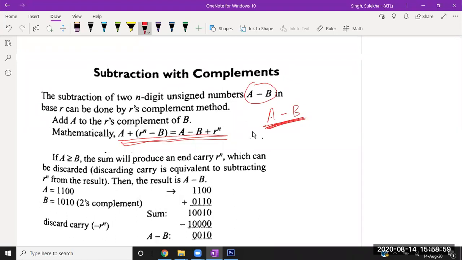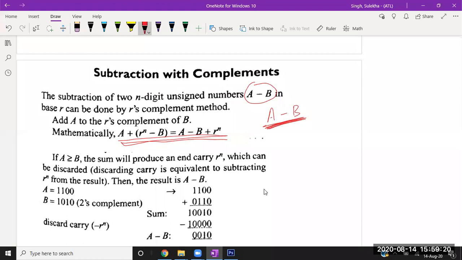There are many ways of subtracting one number from another. I am just telling you the first way, for binary numbers, by taking the two's complement or r's complement of the second one.